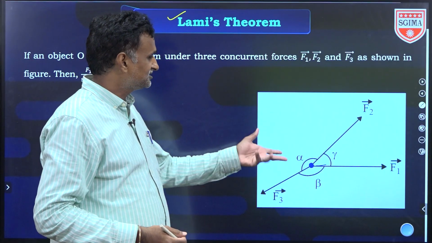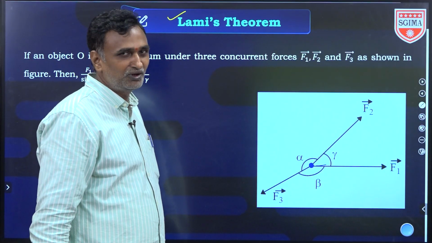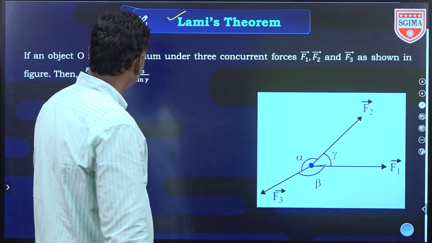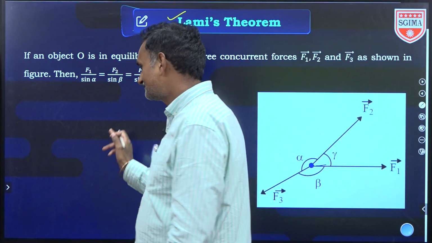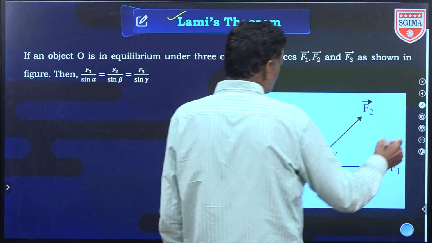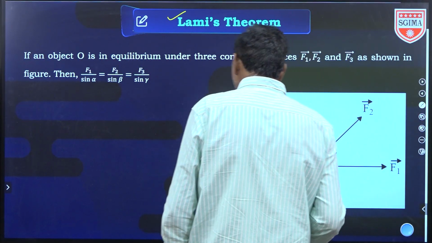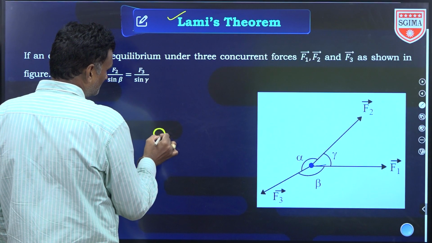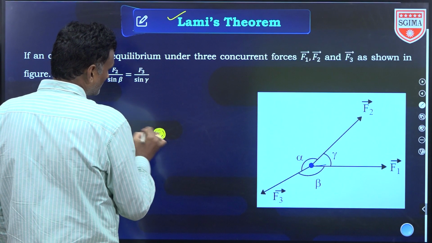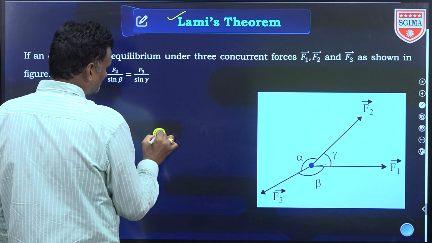In such a situation, we can say by sine rule or Lami's theorem, that it is F1 by the sine of the opposite angle. I will explain clearly in the figure. You can just see, this is the scenario. Here is the object and it is acted on by some forces.